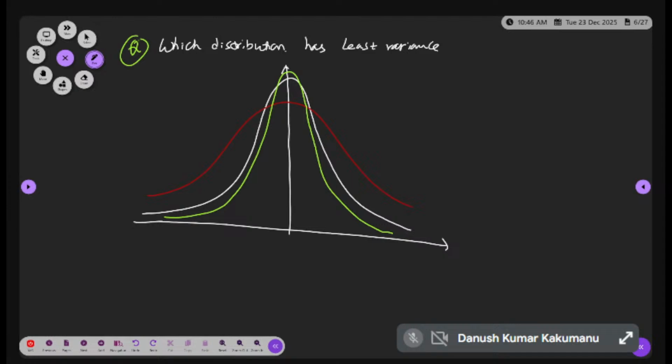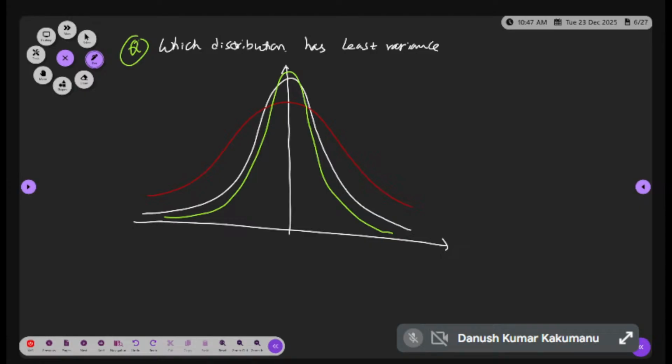Okay, which one has least variance? See, what is the maximum value of the normal distribution? Maximum value of the normal distribution is 1 by sigma root 2 pi. Yes or no? Is sigma root 2 pi in the denominator or numerator? Denominator. Whichever graph has maximum amplitude contains what?